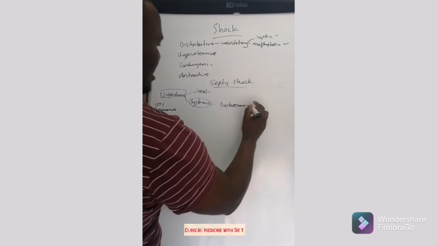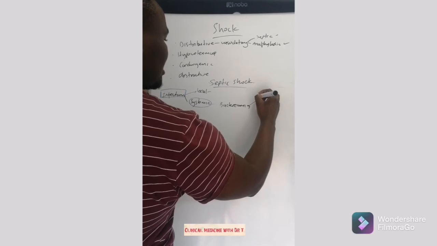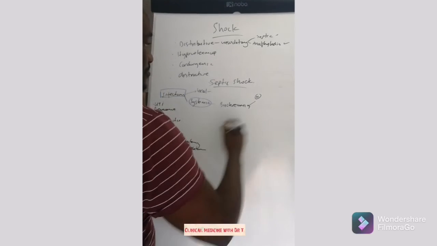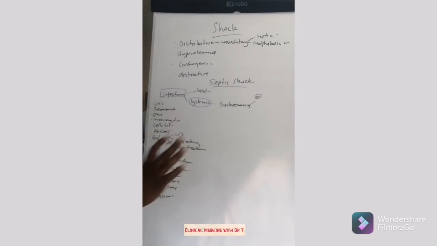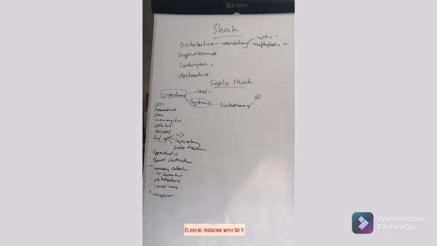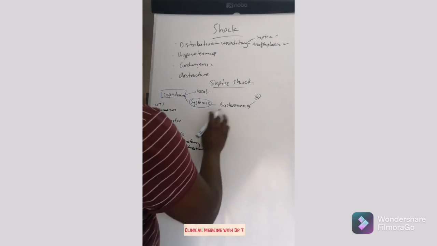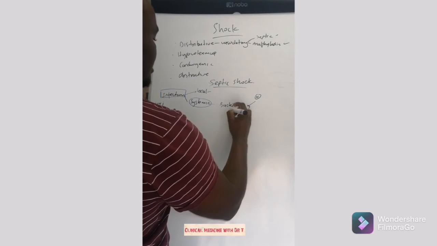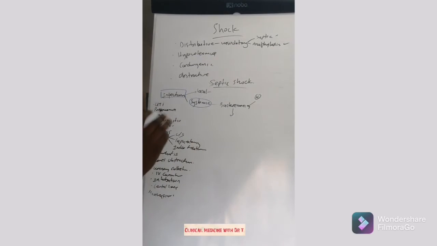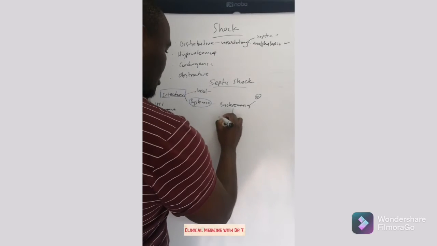You can have a bacteremia that is not showing any features of systemic illness. The only way to pick it up is by doing a blood culture. But once you've got bacteremia that is now giving you systemic symptoms, then that's sepsis.